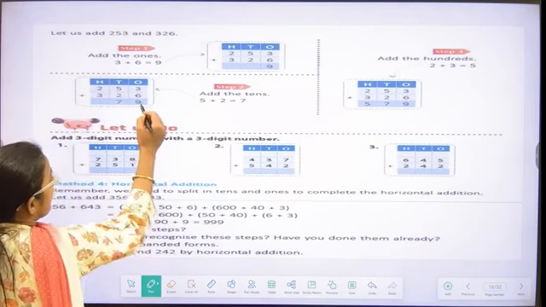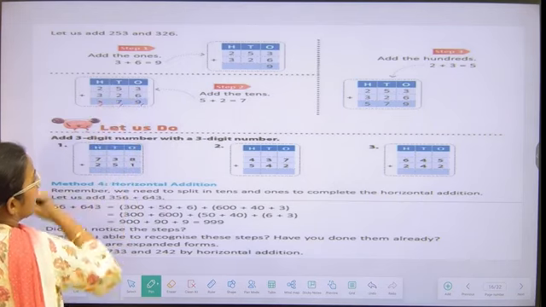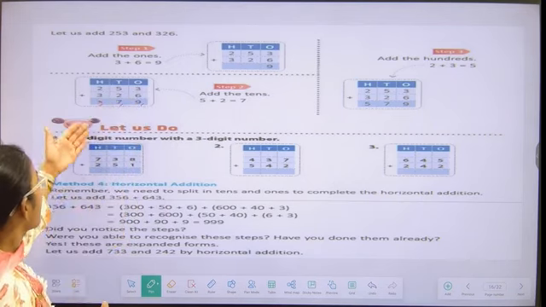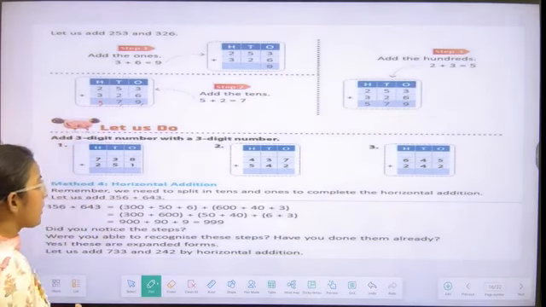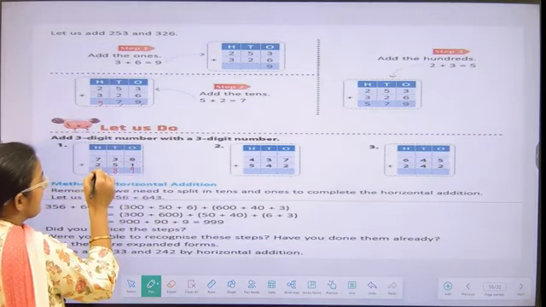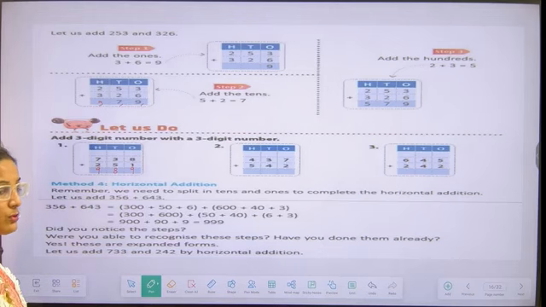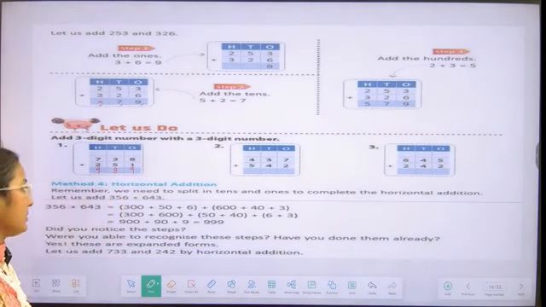So 3 and 6 will make 9, 5 and 2 will make 7, and 2 and 3 will make 5. So our sum will be 579. Similarly, we can do the first one. 8 and 1 will make 9, 3 and 5 will make 8, 7 and 2 will make 9. So our sum will be 989, student.